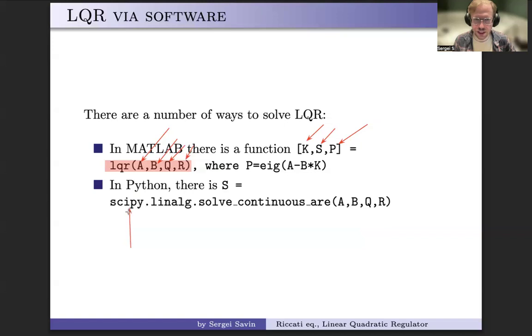In Python, there is the SciPy library with linalg, where it has a method solve_continuous_are, the algebraic Riccati equation. It takes A, B, Q, R as inputs. So exactly the same. Notice this one only gives you S. So it gives us the optimal cost to go. So from that, you have to compute K yourself. That's it.